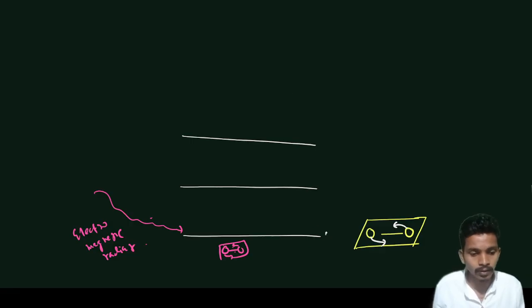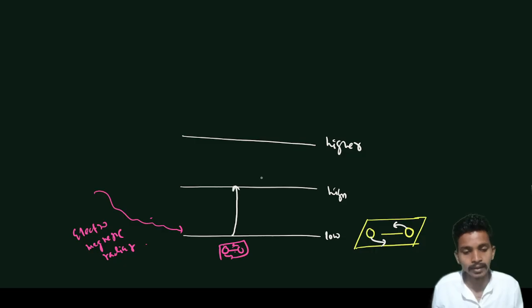Let's say this is the low energy and this is the higher energy. Frequency increases means energy increases, so the O2 goes to the higher energy level and rotates more fastly.